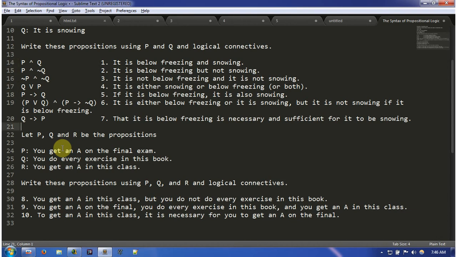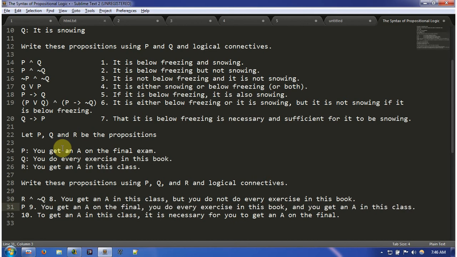So you get an A in this class. So that's R. But, so that's an and. You do not do every exercise in this book. So Q. So that's R and not Q. Number 9, you get an A on the final.